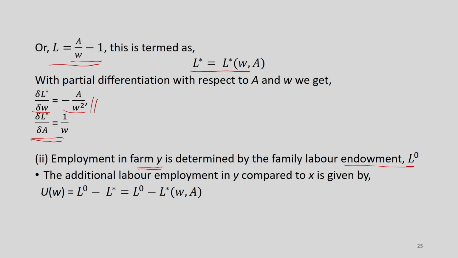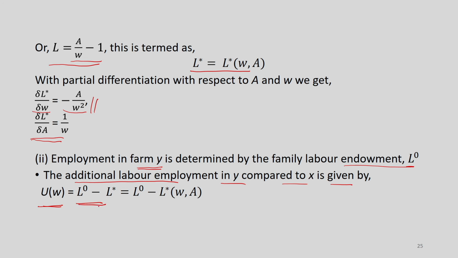So, that L0 is employed on that firm, as we are told in the question. Therefore, the additional labor employment in Y compared to X is given by UW, which is L0 minus L star.